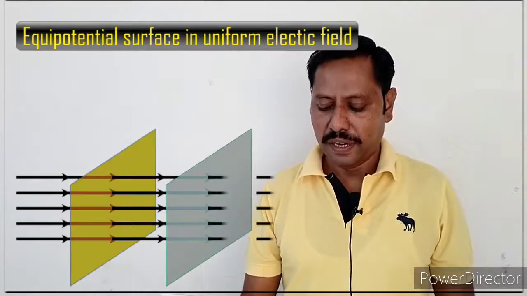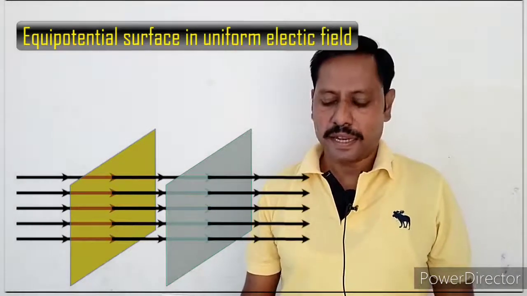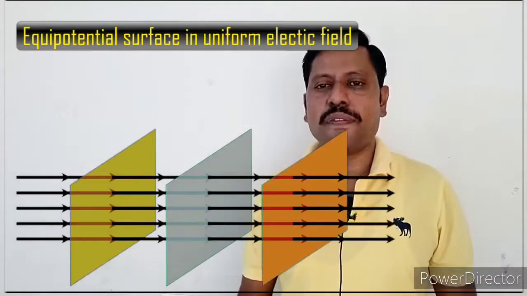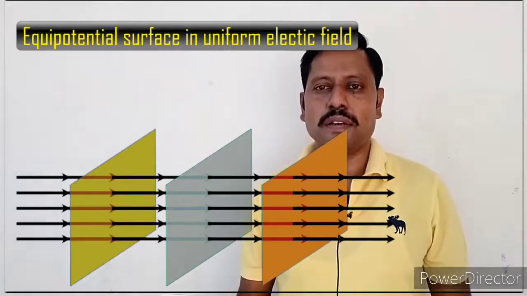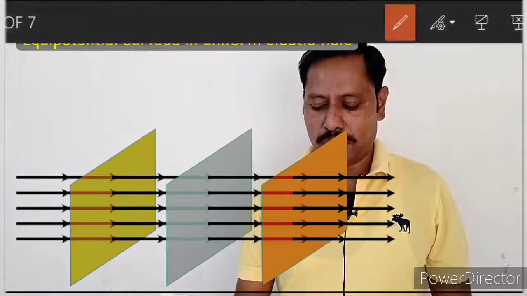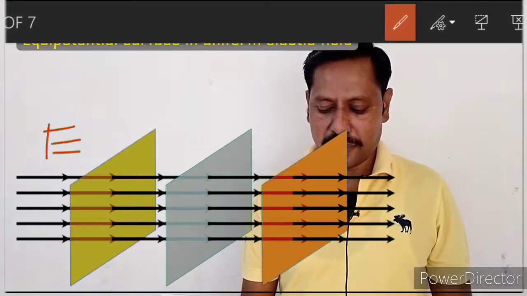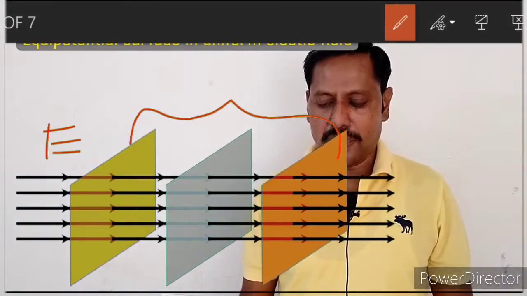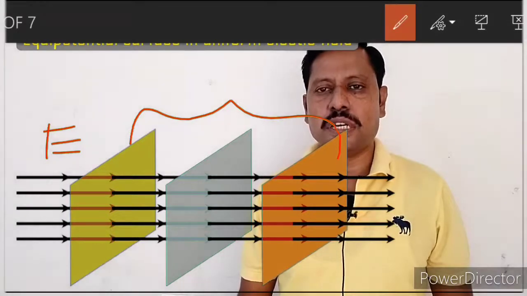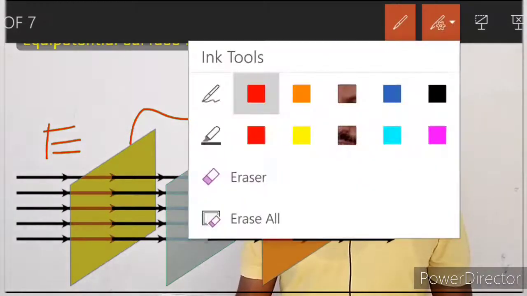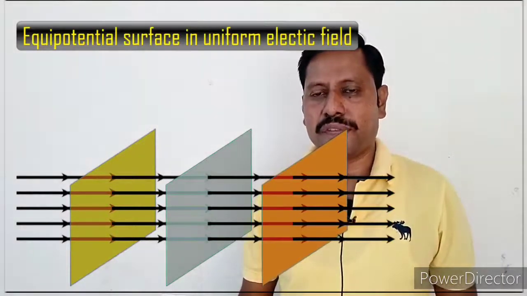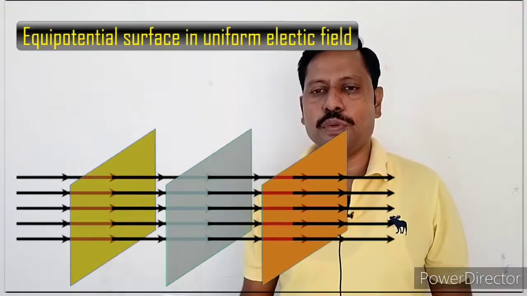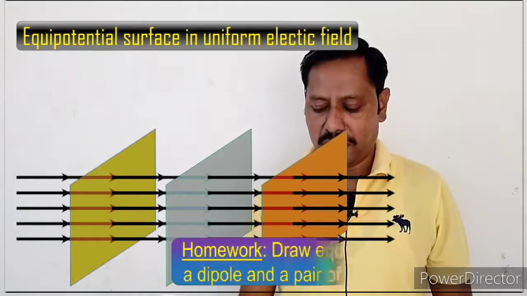Let us take the field as still continuing, and again we can have such an equipotential surface over that electric field. So this was the electric field, and all these are the equipotential surfaces, right? This is the concept of equipotential surface for the case of a uniform electric field.